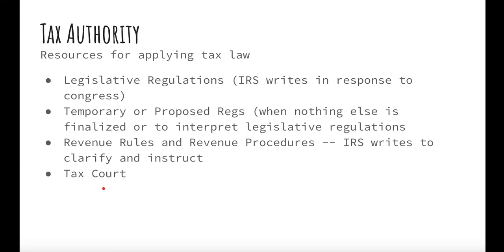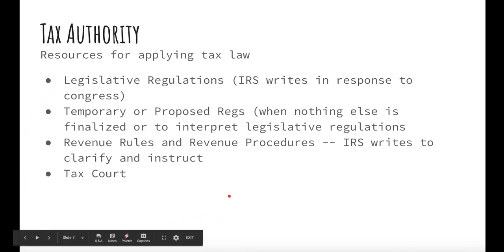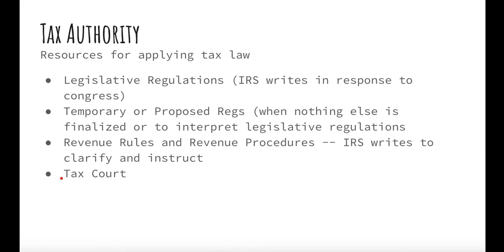So there are all these different levels of resources. The outcomes of tax court cases are also a heavy type of resource for tax preparers to base application of the tax rules on when they're interpreting them.